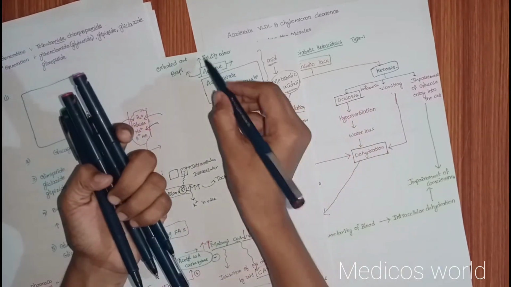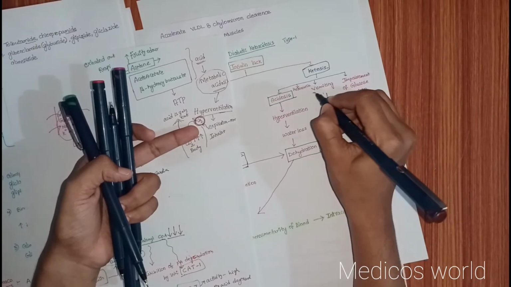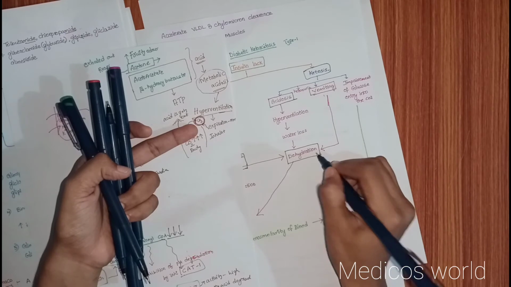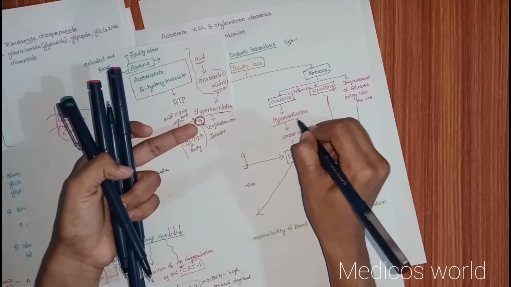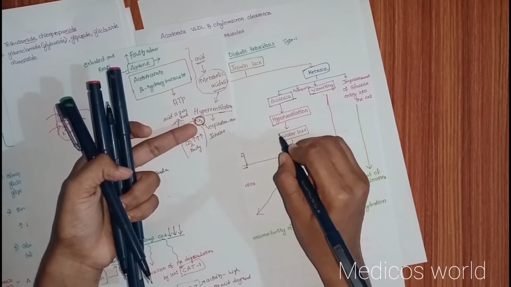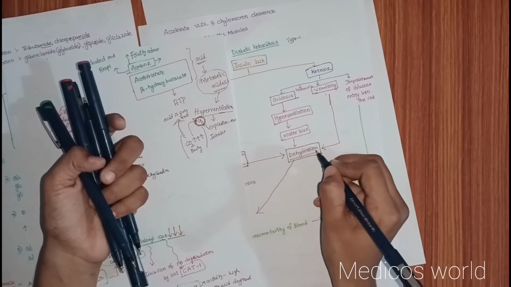That is about the ketone bodies. See here, because of the ketosis, they will have vomiting. This vomiting causes dehydration. Acidosis is due to the accumulation of acids. The compensatory mechanism is hyperventilation, and there is also water loss from the respiratory route. That also leads to dehydration.